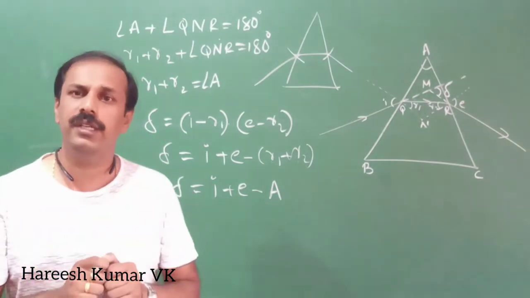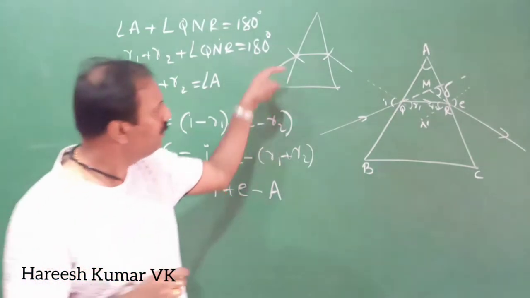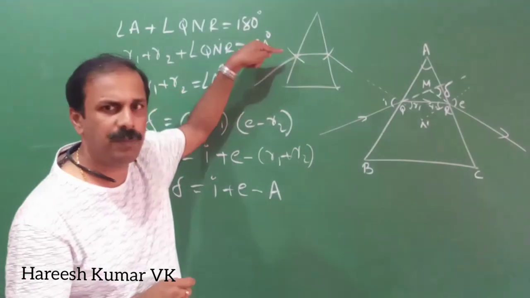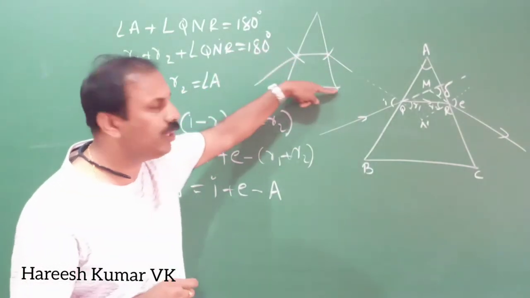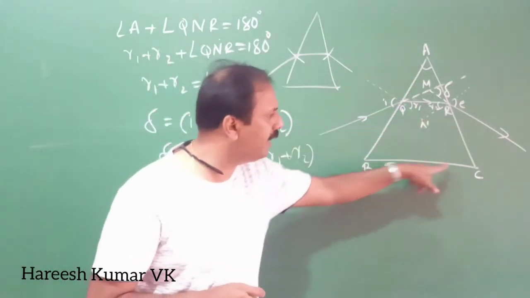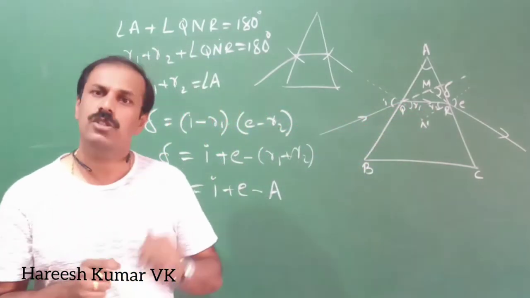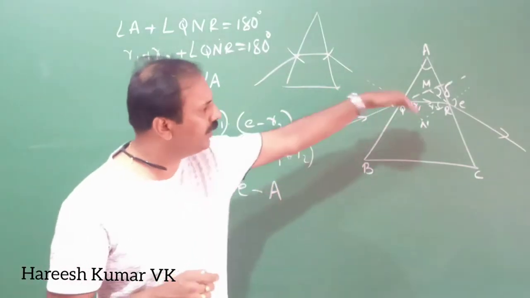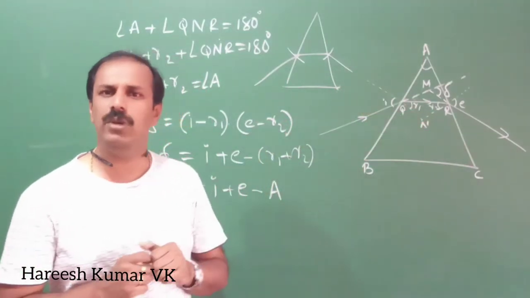And one more condition: at that minimum deviation, the ray which is passing inside the prism will be parallel to the base for an equilateral prism. That is, when this line is parallel here, we will get the minimum deviation. So when you send light from this side to that side, or that side to this side, it works the same.